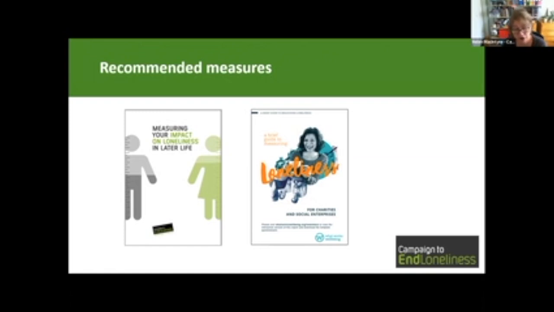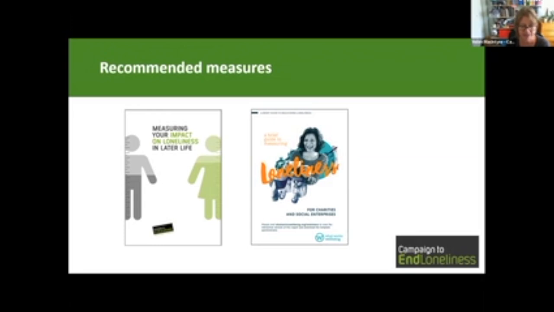However, as many of you know, there's now a set of measures recommended by the government as set out in the Tackling Loneliness Strategy and by the ONS in 2018. And organisations and researchers are encouraged there to use these recommended measures in order to simplify monitoring of loneliness, to make clear the impact of policy and of work done to address the issue, essentially so that measurement is then made comparable across different interventions and can feed into the evidence base around what works to address loneliness.